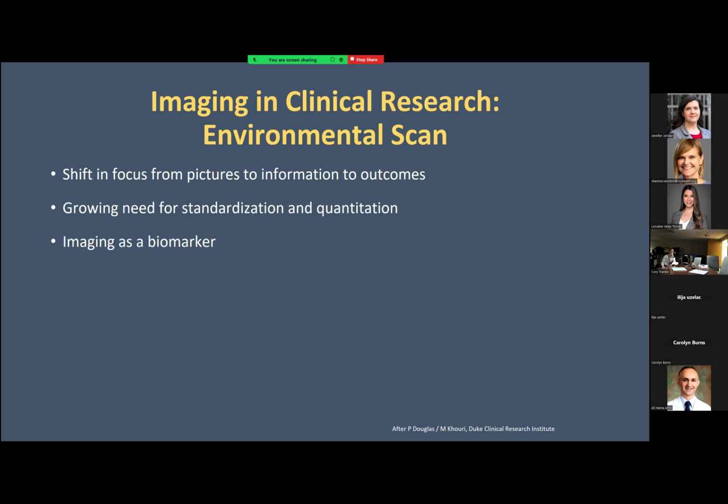More and more, imaging is being used as a biomarker, particularly for subclinical secondary endpoints, so that we can see, for instance, a change in ejection fraction that's in a positive direction, but maybe we don't have as many heart failure cases, but secondary heart failure would be really rare in that population.